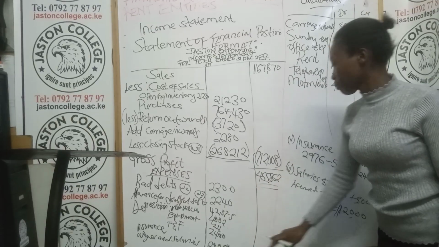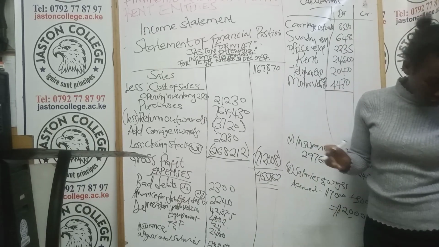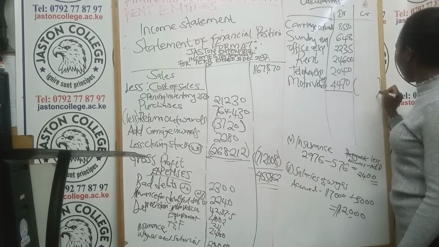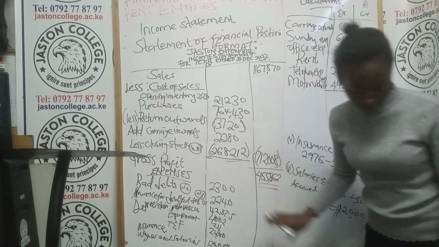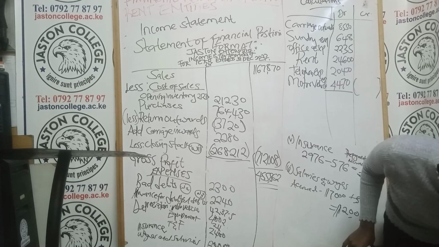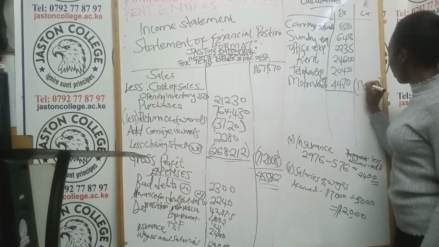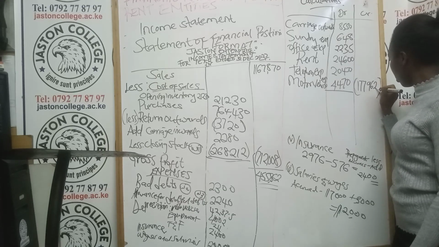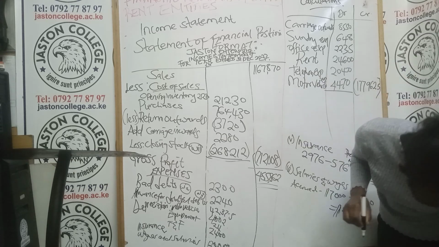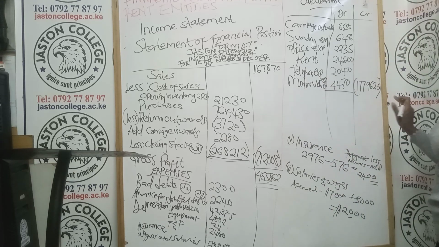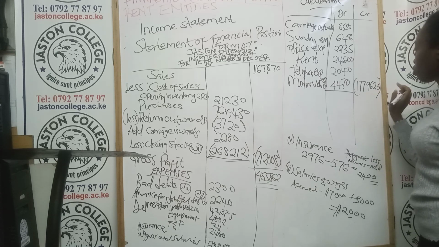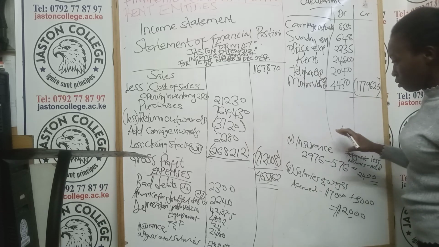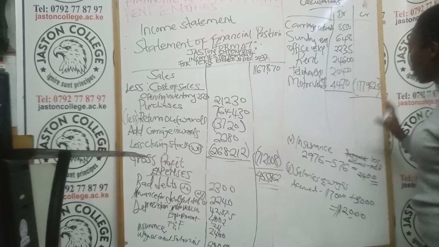Now we will add all of our expenses, and the answer we get here is 177,962.5, which is our total expenses.